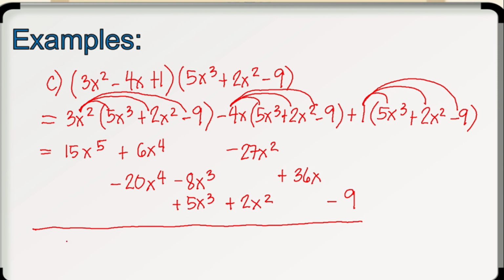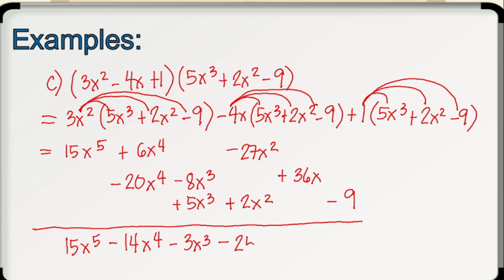Simplifying it, copy 15x raised to 5 since it doesn't have like terms. 6x raised to 4 plus negative 20x raised to 4 is negative 14x raised to 4. Negative 8x cubed plus 5x cubed is negative 3x cubed.